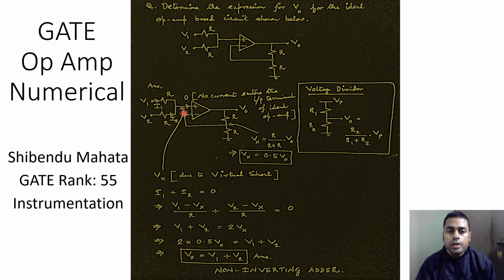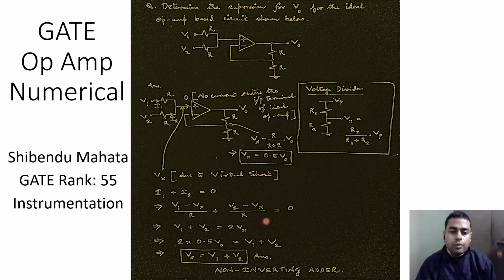Therefore, I1 plus I2 should be equal to 0, and then we can formulate I1 as (V1 minus Vx) divided by R, and formulate I2 as (V2 minus Vx) divided by R, where Vx is equal to 0.5 times V0, which is the voltage at this node, which is the same as the voltage at this point also, and that summation should be equal to 0.